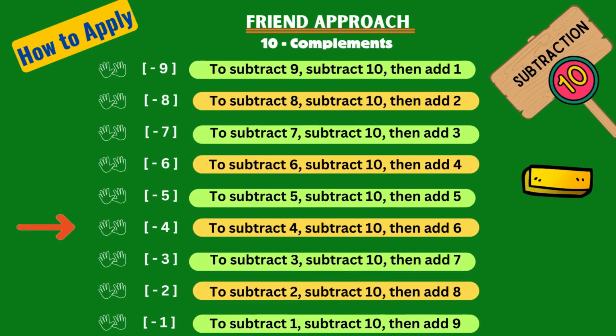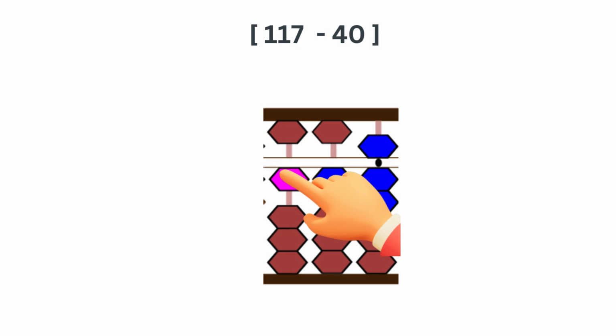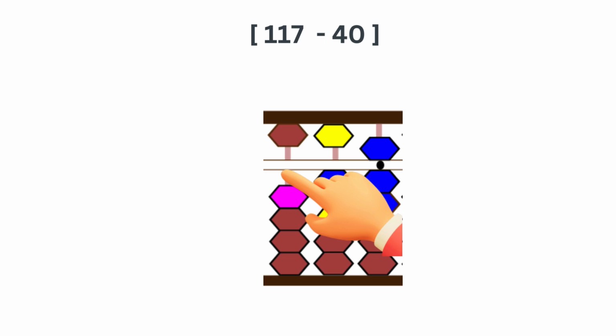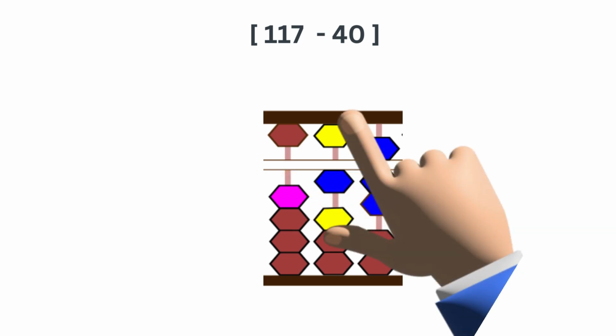To do this, we use the formula, subtract 4, subtract 10, then add 6. Apply this in the hundreds column by subtracting 10, which is 100, and then adding 6 in the tens column, which gives us 60 in the tens column.